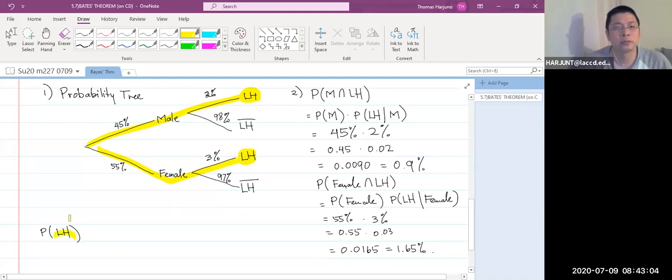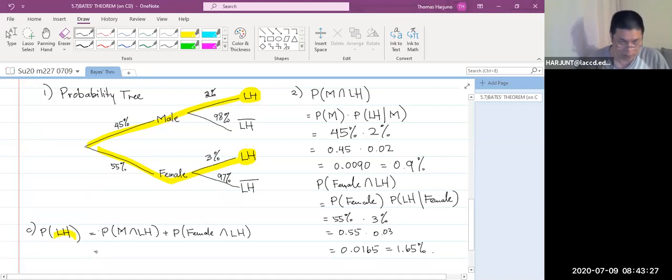Then this is equal to the probability of male and left hand plus the probability of female and left hand, which both of them we already computed in part 2.